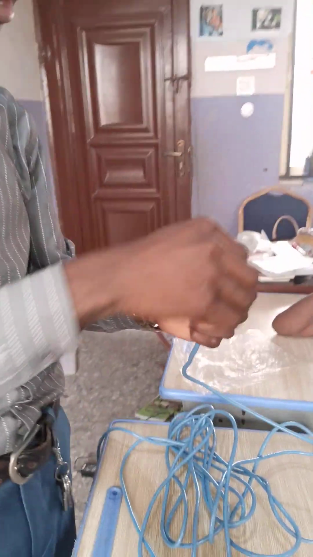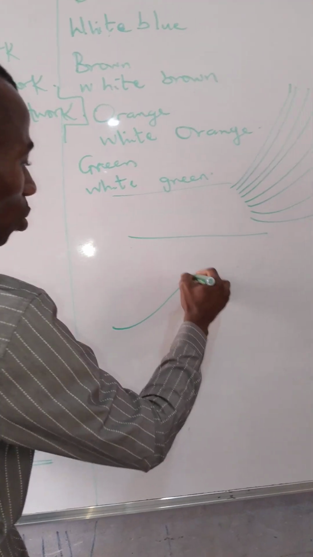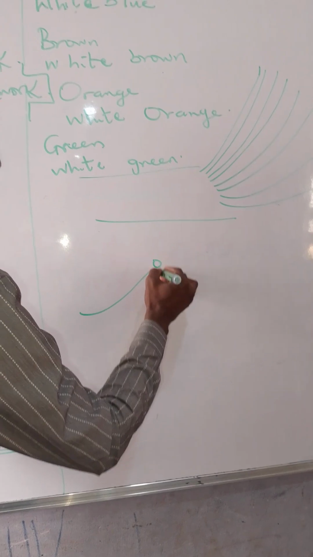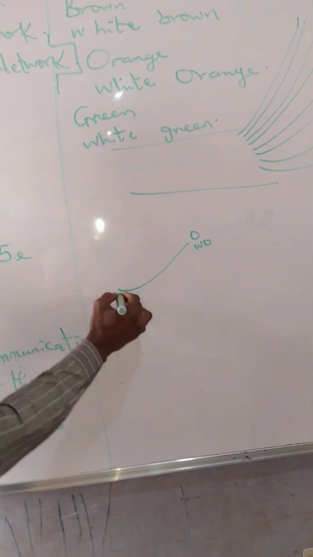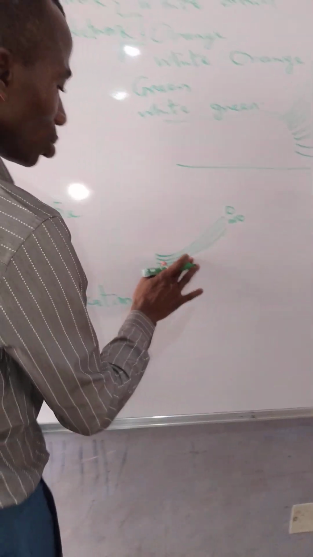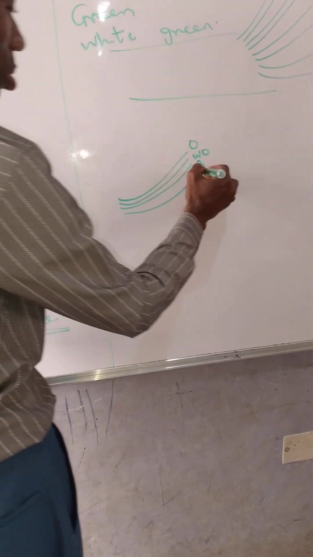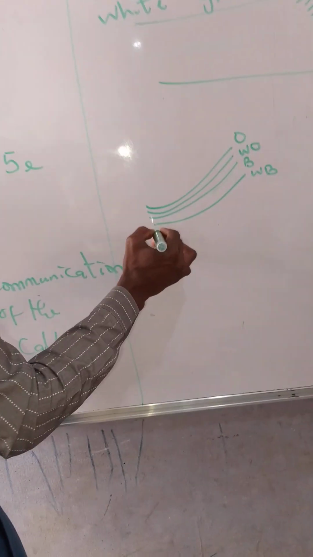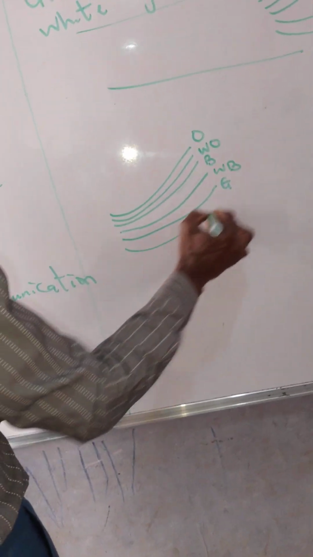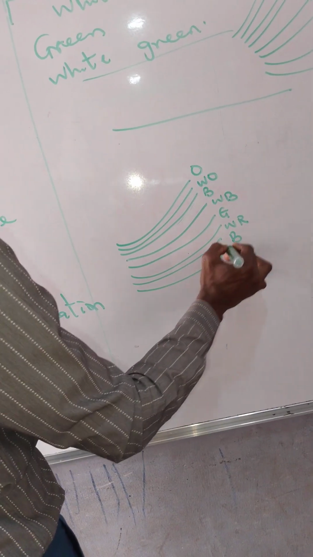Let me cut all this away. Let me arrange them. Here is my arrangement. White orange, orange, white blue, blue, white green, green, white brown, brown.